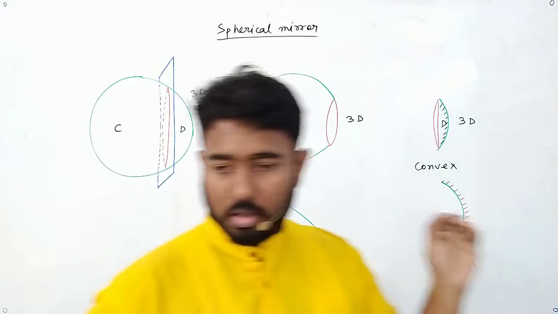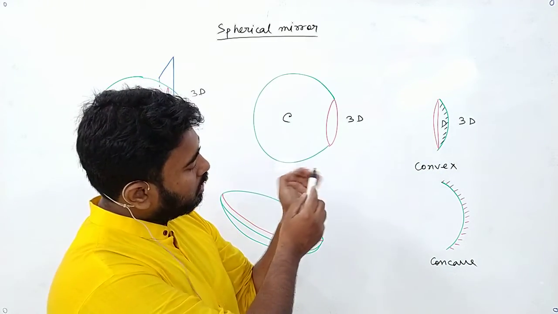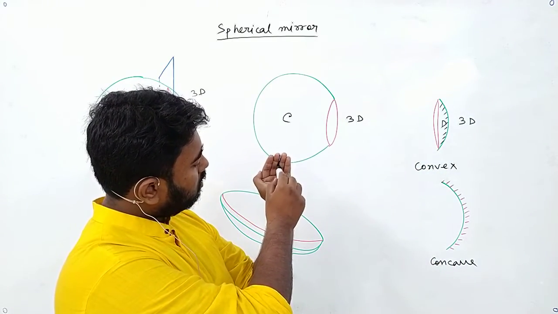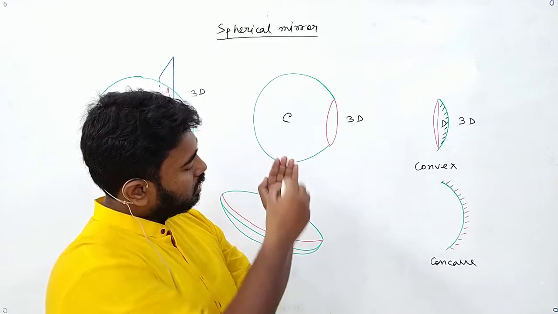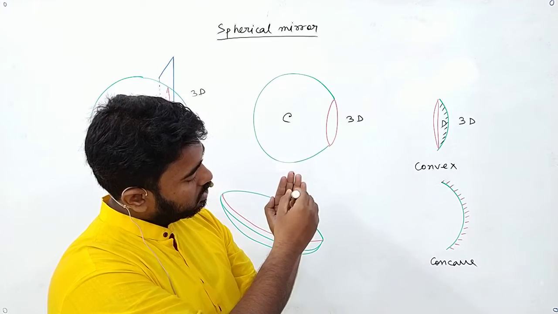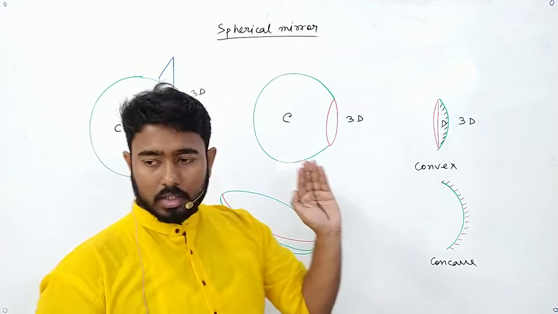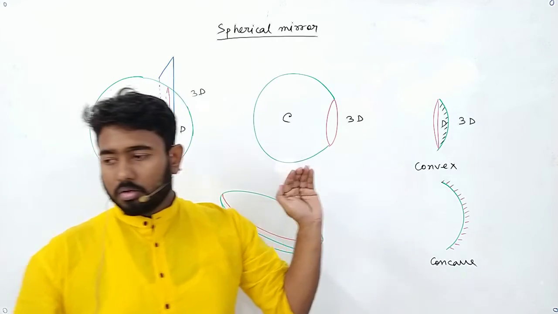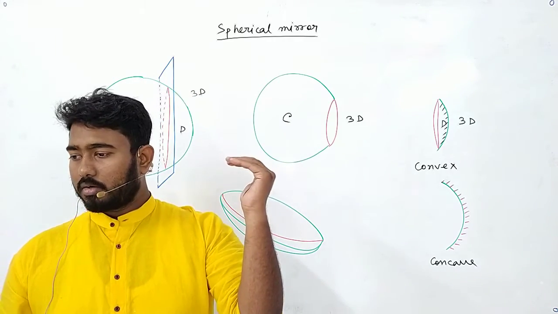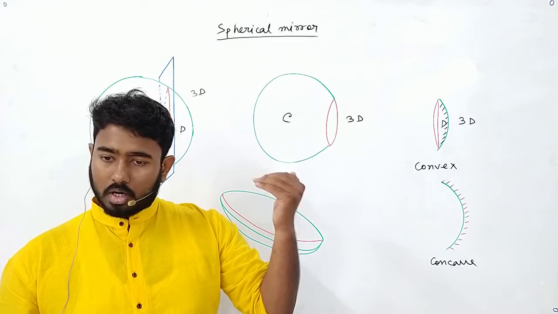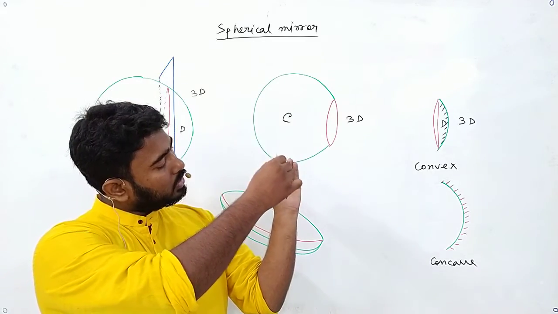Can you draw a line like this? From the middle. Yes, from the middle. How will this line look? Curved, right? Now a ray can fall on this line.